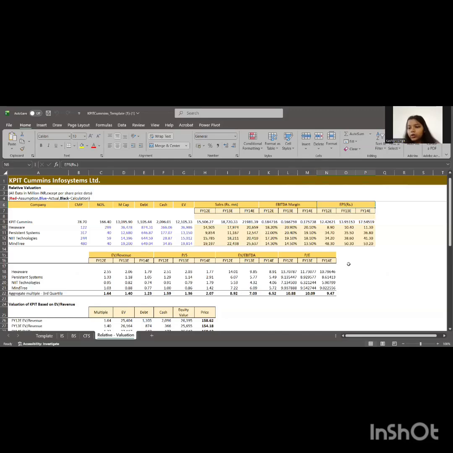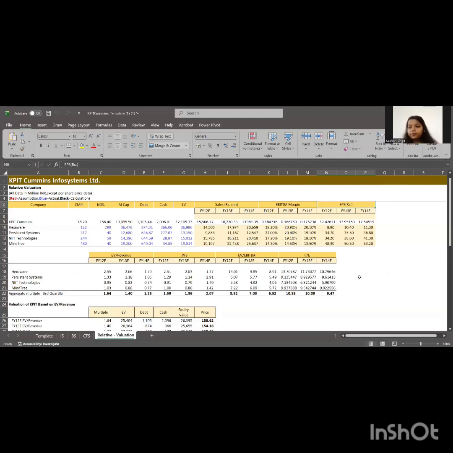It tells us how many times investors are willing to pay for each rupee of the company's earnings. For instance, if KPIT's CMP is 1,800 and EPS is 75 rupees, then P/E is equal to 1,800 divided by 75, which is 24 times.